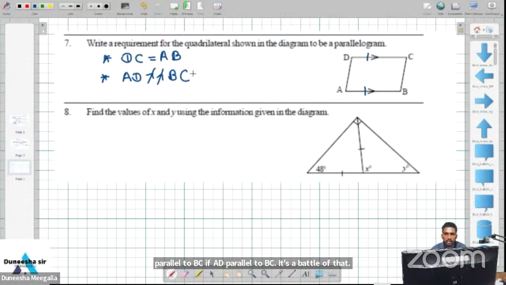Write a requirement. You can write one requirement for the answer. You can write one of these two. Okay.